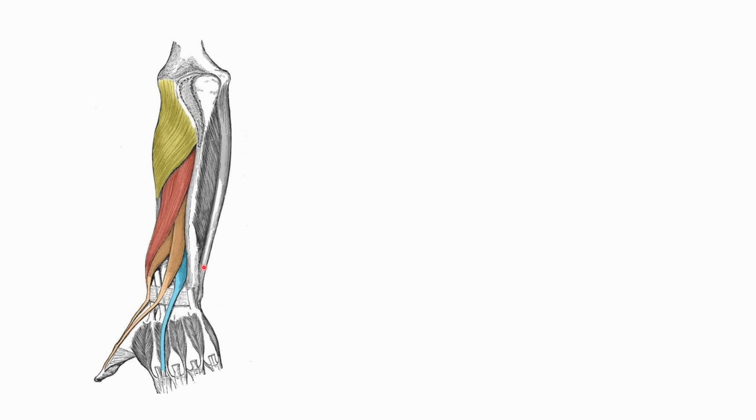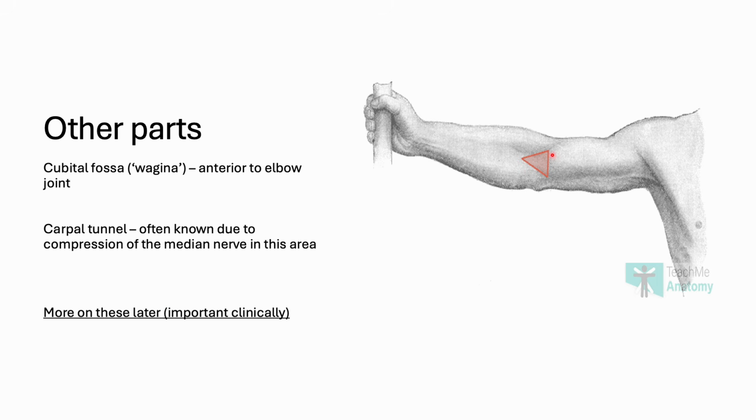If I told you this is the posterior compartment of the forearm, what would you expect it to do? 5 seconds. It's going to be an extensor, if these are extensors of the forearm. Generally, there are always exceptions to rules, but it's important to learn the general idea and then learn exceptions to the rules.